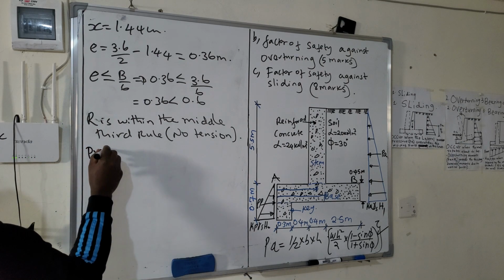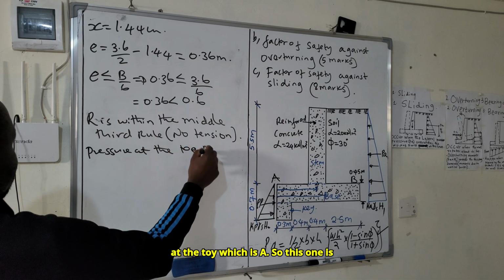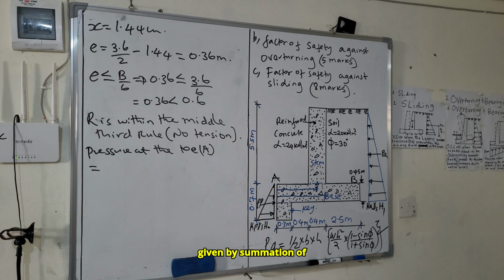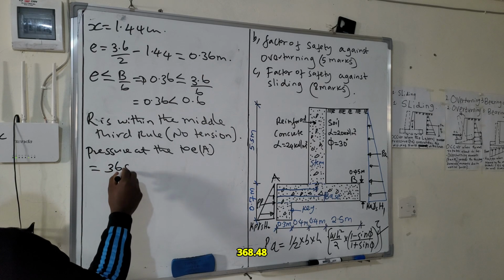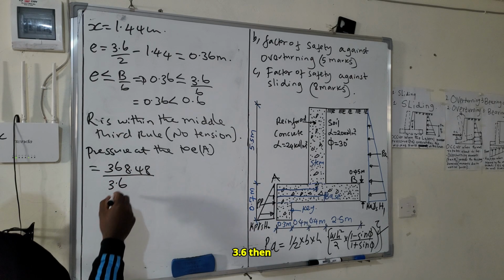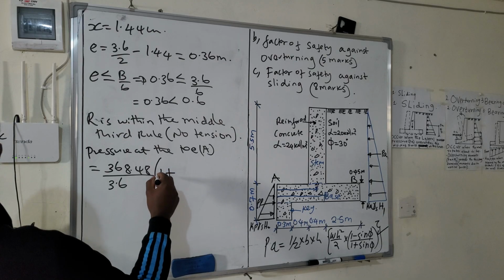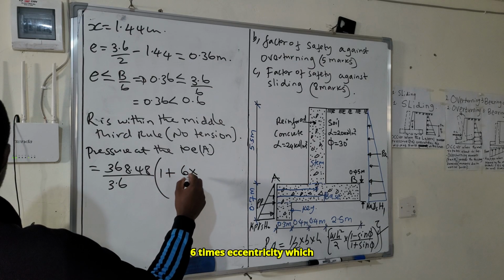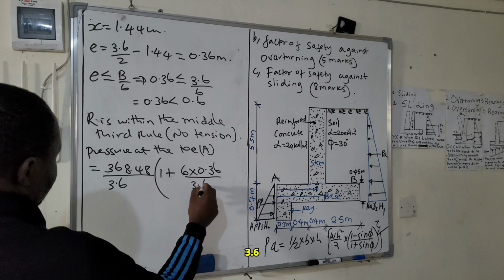So pressure at the toe, which is A, is given by summation of vertical forces, which is 368.48, all over B, B is 3.6, times 1 plus 6 times eccentricity, which is 0.36 over 3.6.